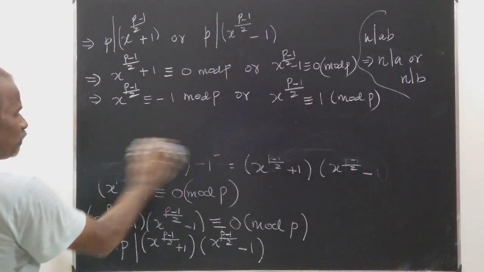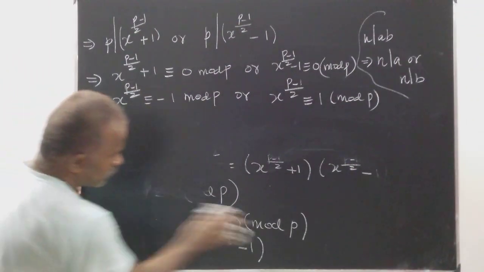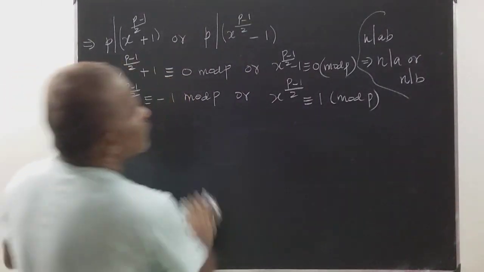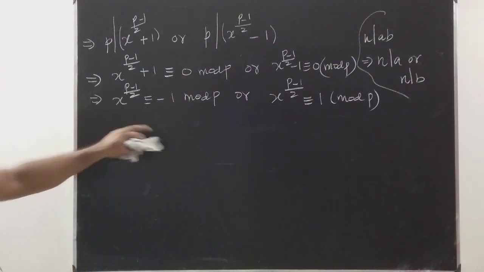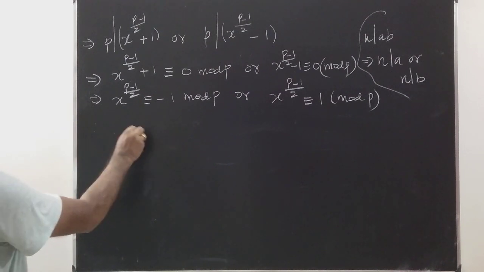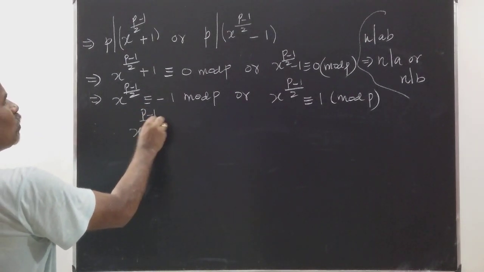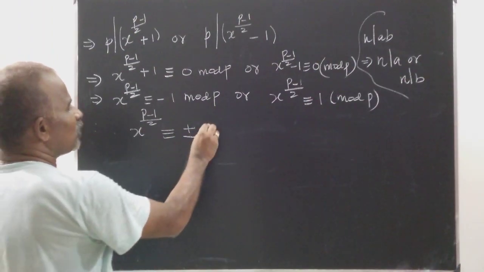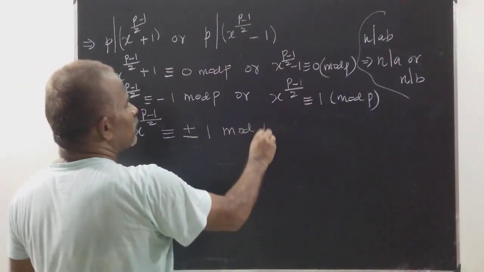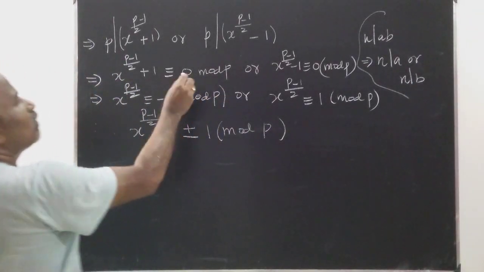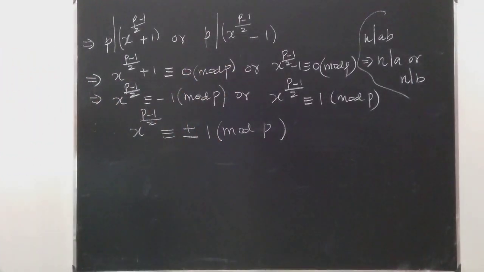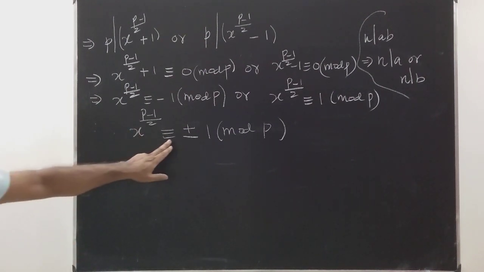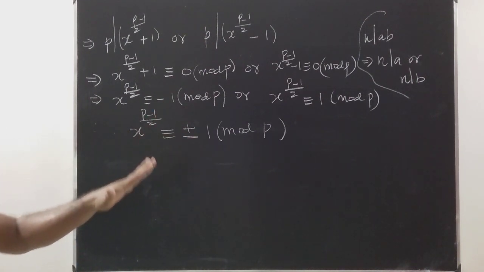So x power p minus 1 by 2 is always congruent to plus 1 or minus 1.